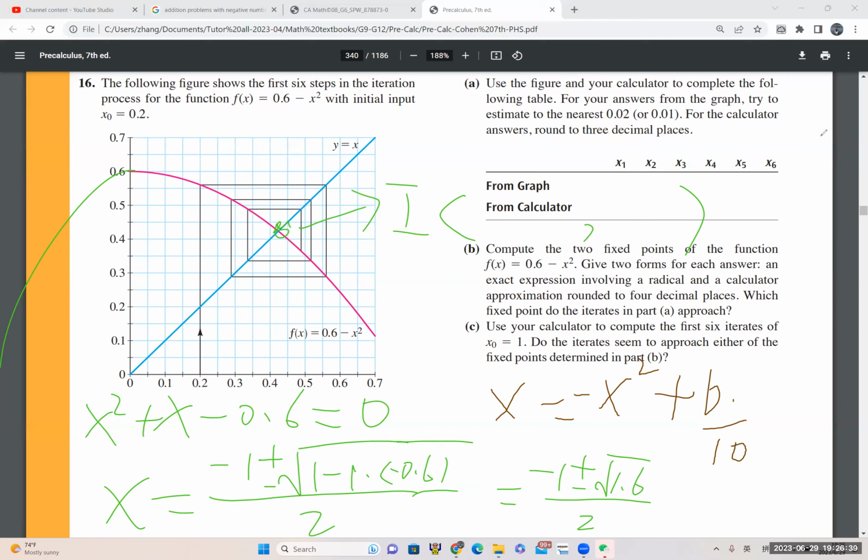It's not correct. Oh, something is wrong. Here is 4AC, yes, here has a 4. So then this is not correct. So here should be 3.4, right? 1 plus 2.4.